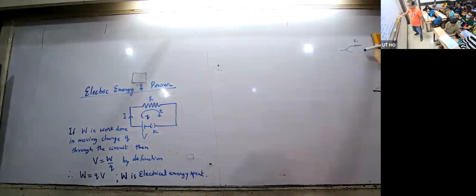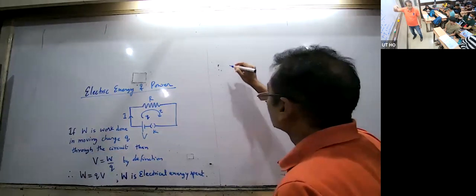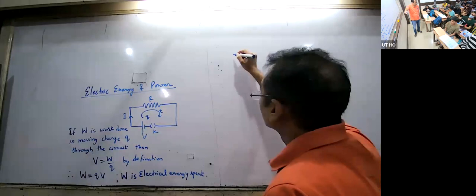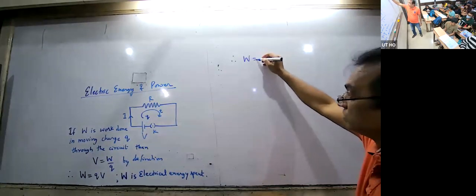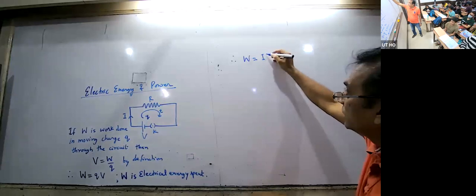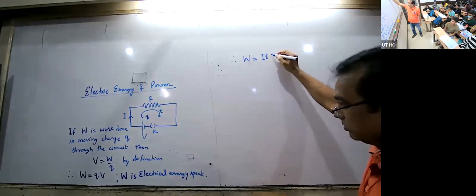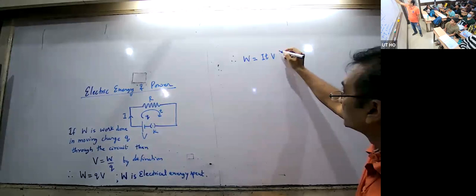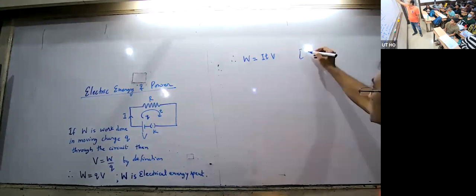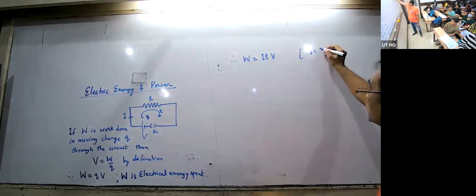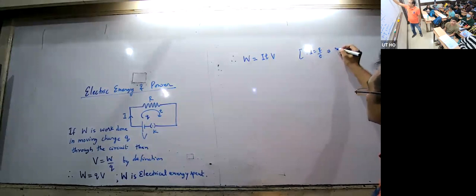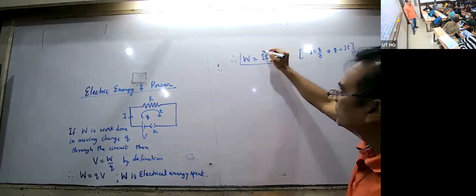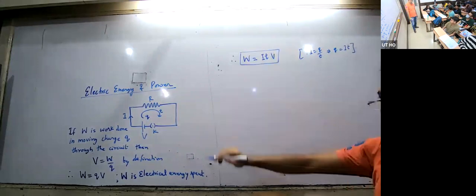So therefore, write down, these are very important, simple derivation I'm giving you, right? So W is equal to Q, which is IT, into V. Since I is equal to Q by T, this means Q is equal to IT. Okay, so this is the expression for electrical energy in moving a charge Q through the circuit.